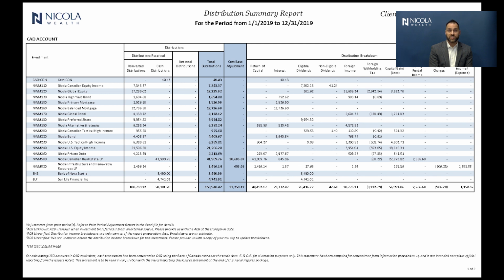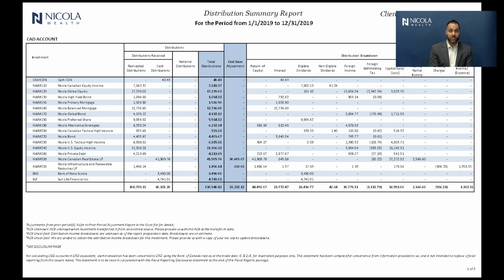Note, return of capital is not taxable, reduces ACB, and may not show up on your tax slips. When filing your tax returns, this report is not to replace retrieving and reporting your tax slip information. This report will provide comfort that the ACB calculation for an investment is appropriately being adjusted by the taxable income.